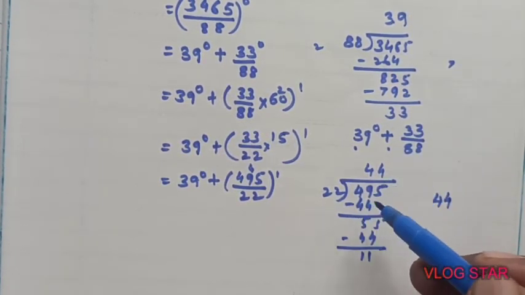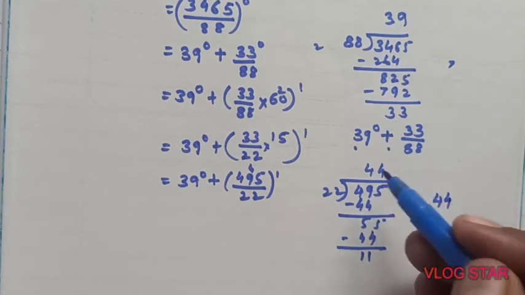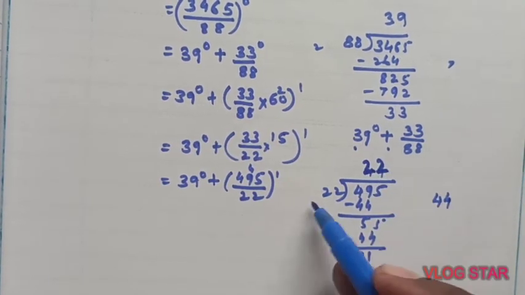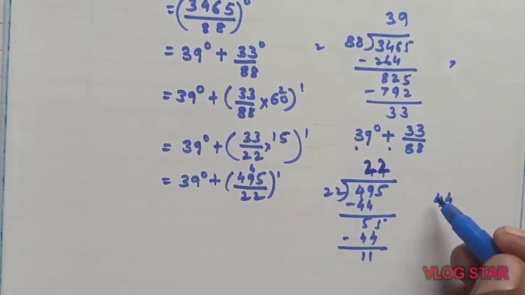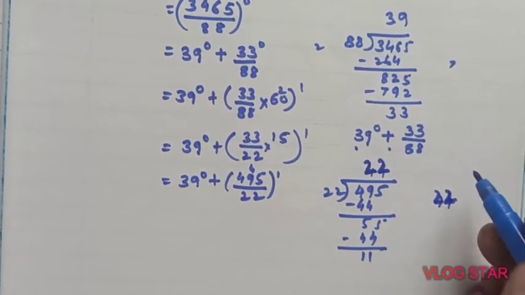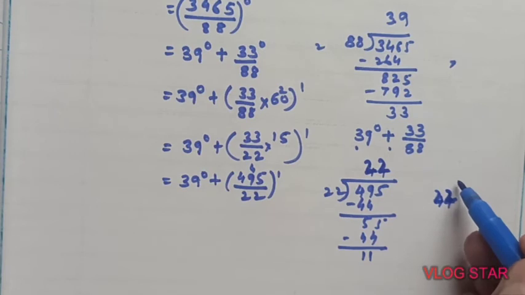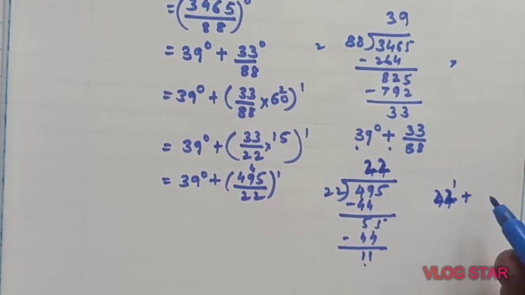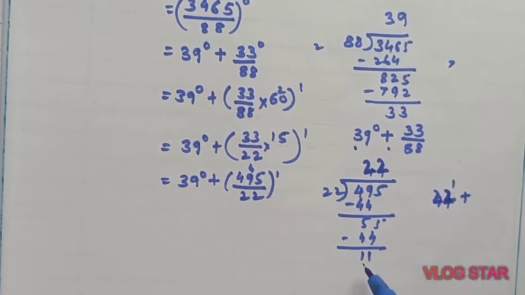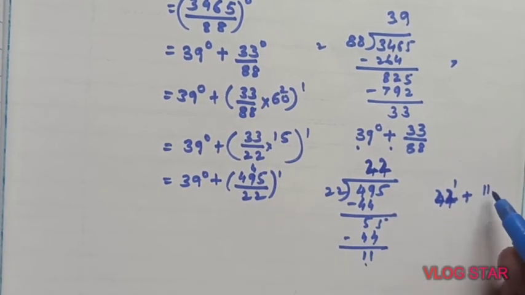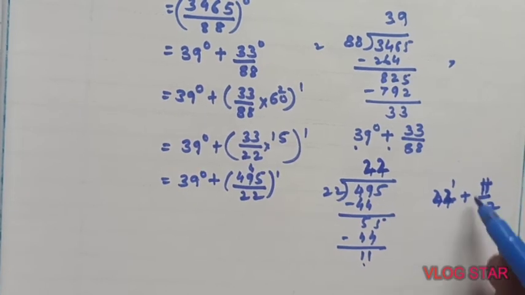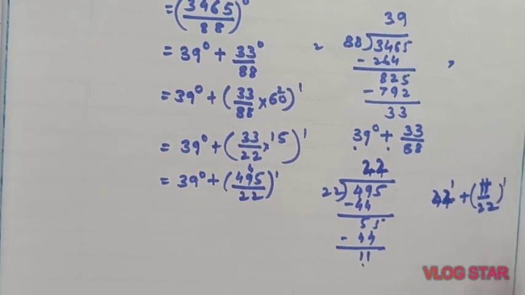What is this? 22 2s are 44. So 22 what? 22 minute, but still decimal left. 22 complete minutes and 11 by 22. This is a fraction, that is also in minute.